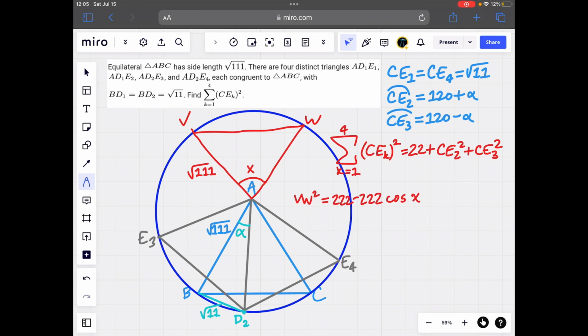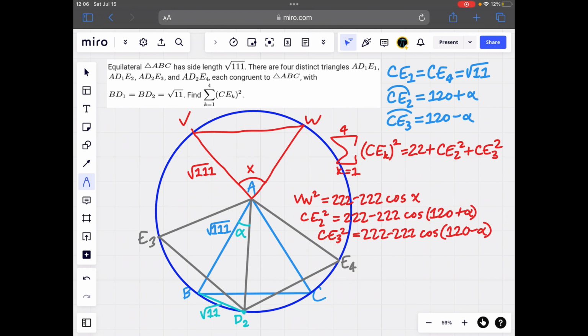Now, if V is C and W is E2, then this becomes CE2 squared is equal to 222 minus 222 cosine 120 plus alpha. And if V is C and W is E3, then that becomes CE3 squared is 222 minus 222 cosine 120 minus alpha.